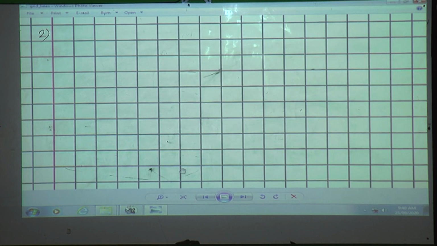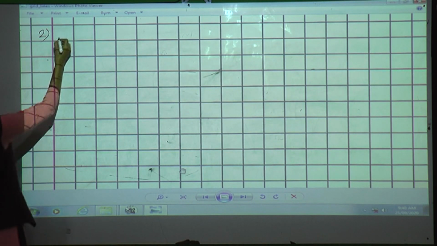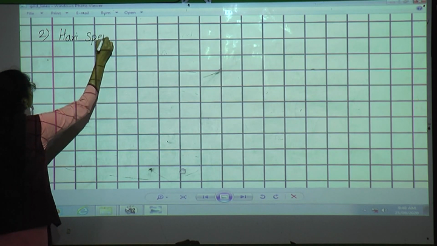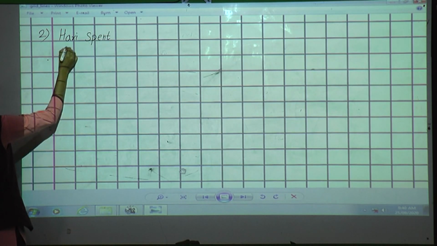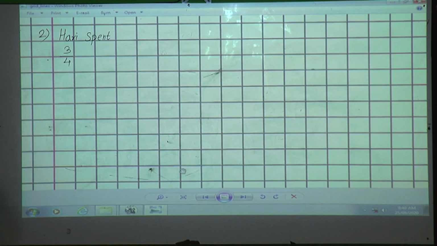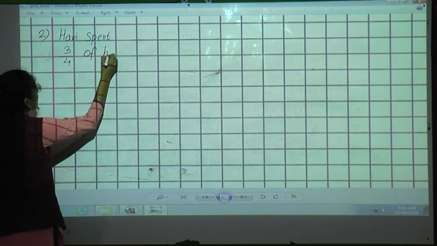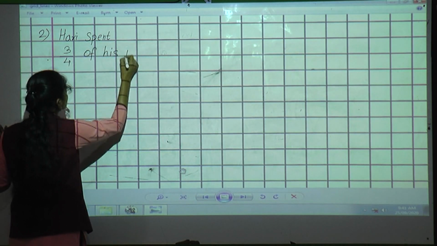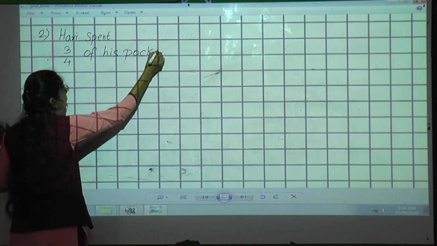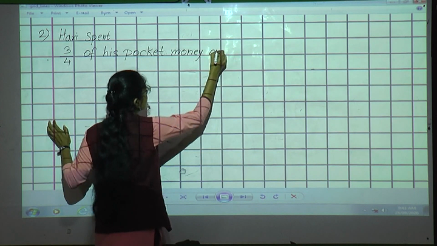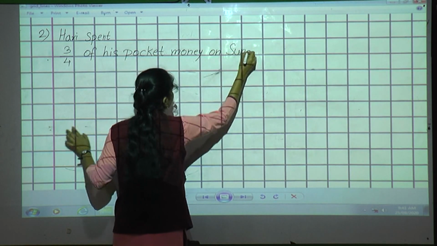Yes, Hari spent 3 by 4 of his pocket money on Sunday.